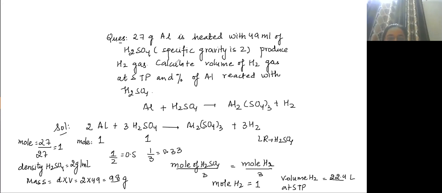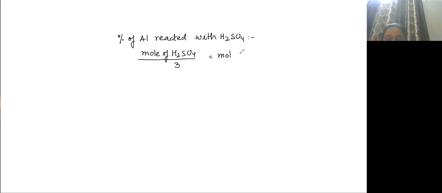Now, percentage of Al reacted with H2SO4. Moles of H2SO4 divided by 3 is equal to moles of Al divided by 2.